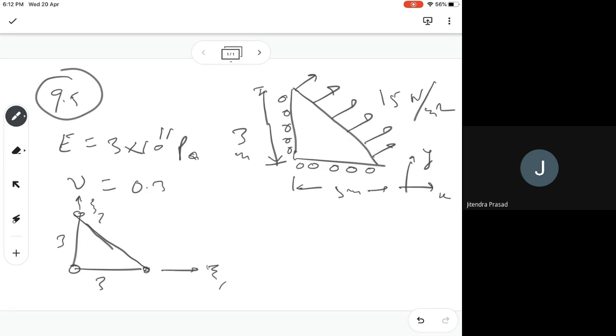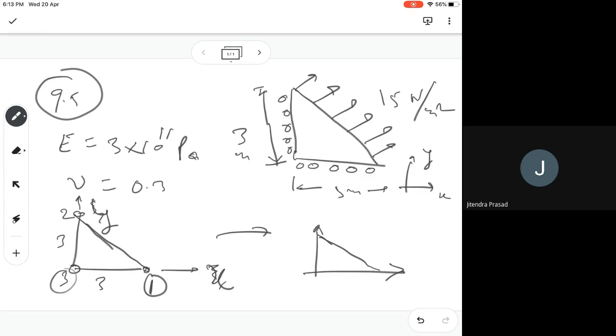From this x y system you can change it to, so let's call this one node number 1, this is node number 2, this node number 3.